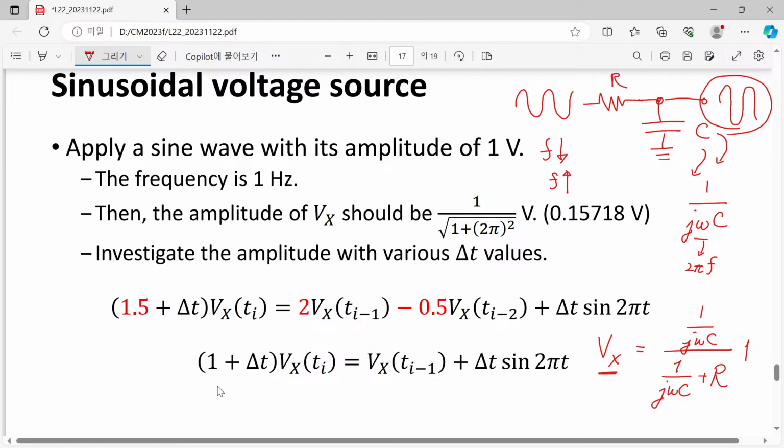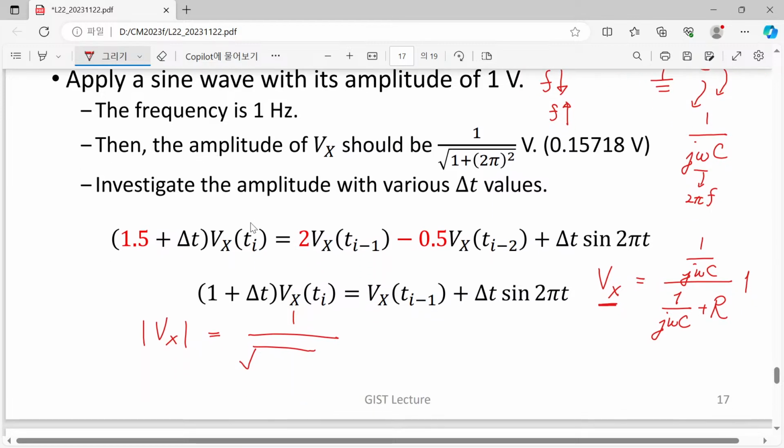And eventually, when you take the amplitude of this V sub x, it becomes like this: 1 over the square root of 1 plus (omega rc) squared. That is the expected behavior of our V sub x, its amplitude.